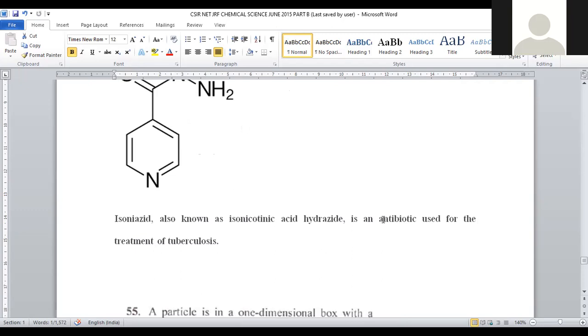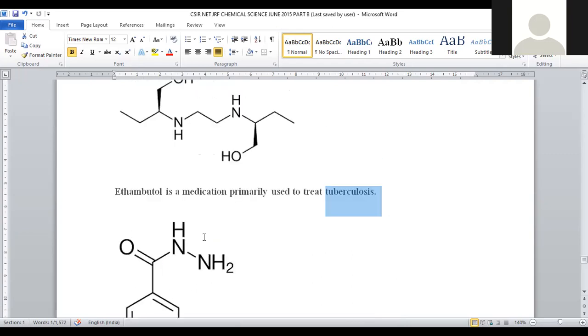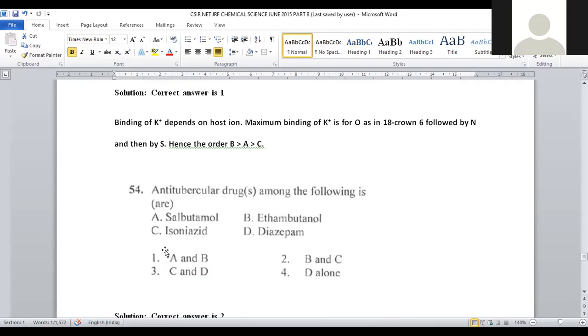An antibiotic is a drug extracted from microorganisms and used to kill other microorganisms. So it can be extracted from living organisms only, like bacteria, and used to kill the bacteria causing tuberculosis, right? So this is called isoniazid, being a tuberculosis drug. So we can use this also.